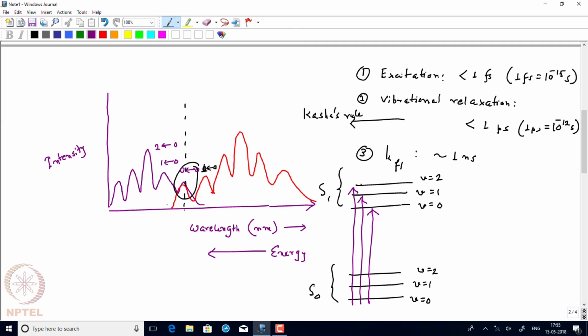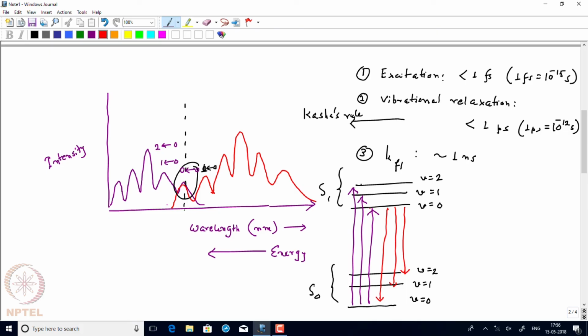So, when we start the emission, we start from V equal to 0 in the excited state, and as we can see, these 0 transitions are basically the same transitions. Let me actually draw this more precisely. And then we have all this emission to all the other levels, something like this.